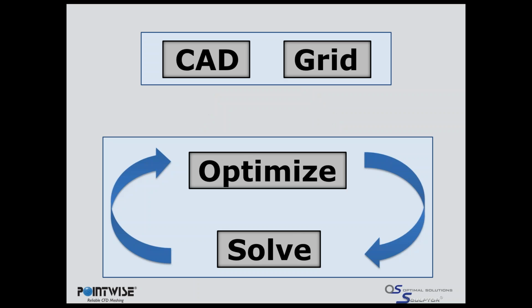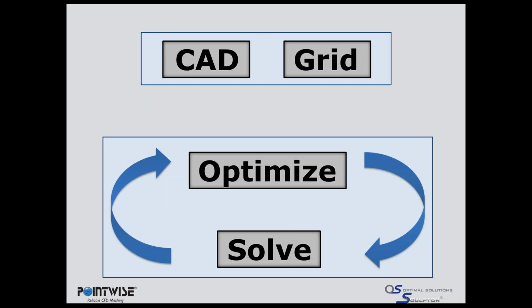So what we propose and what a lot of people are doing is they're decoupling CAD and meshing from this optimization process. They're generating CAD up front, they're creating very high quality grids, and then they're passing that into an optimization routine which will actually perform morphing of that geometry, of that mesh. So it's the exact same mesh, but they're morphing it and then running that through the solver and the optimizer to get the results.